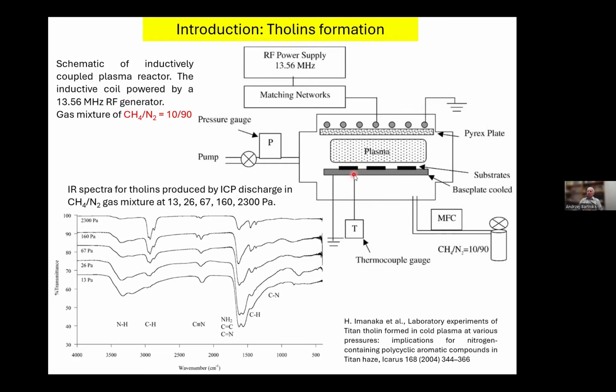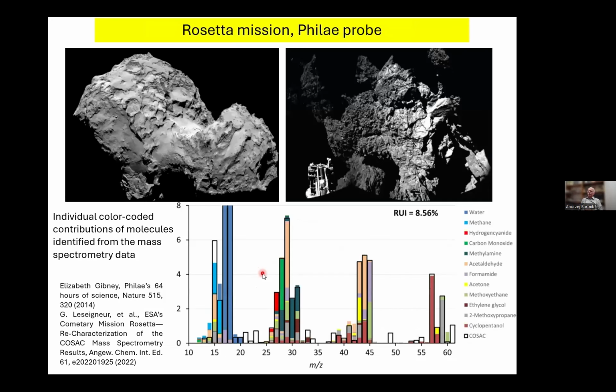It is not necessary. And these plates can be then removed and investigated. The material can be investigated using, for example, infrared spectroscopy. And here you can see the spectra that were obtained for such formed tholins.